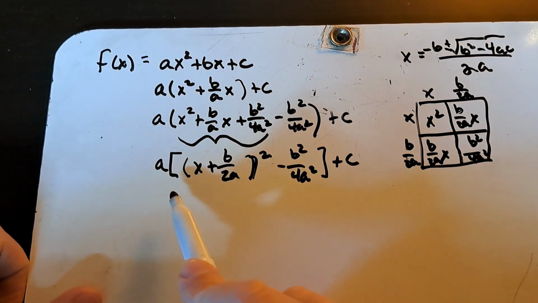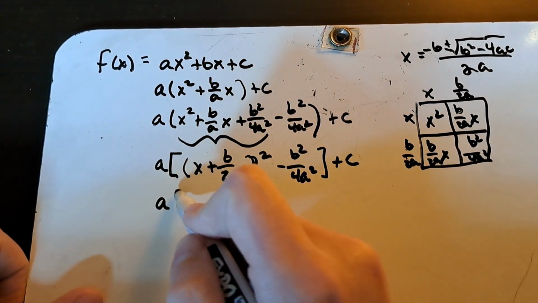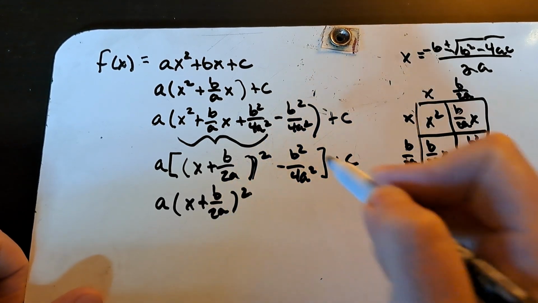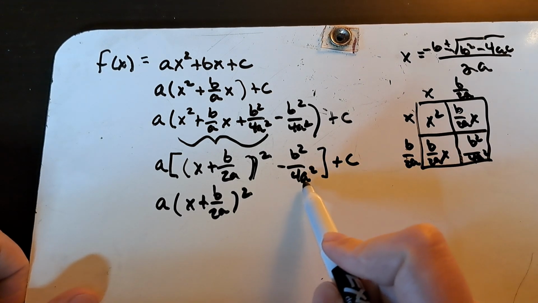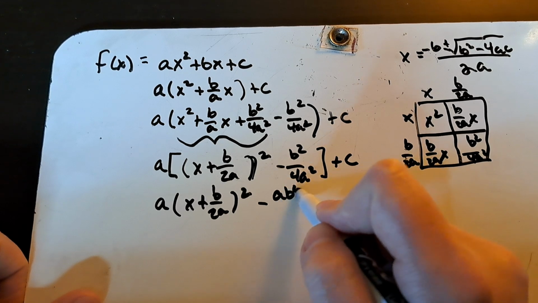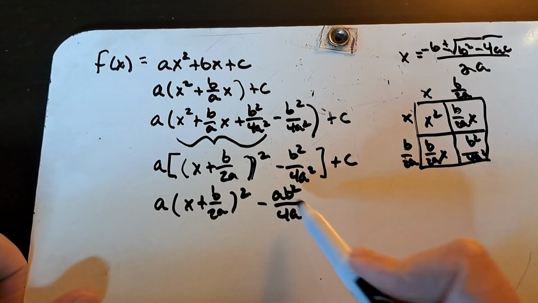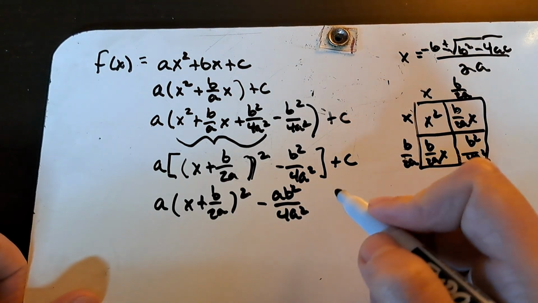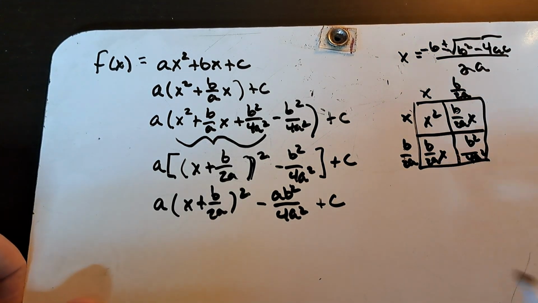All right, now I can distribute a times x plus b over 2a squared, a times negative b squared over 4a squared is minus a b squared over 4a squared. If you notice here that one of the a's is going to cancel out at some point. Okay, plus c.